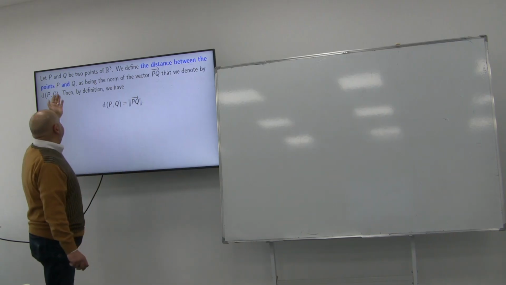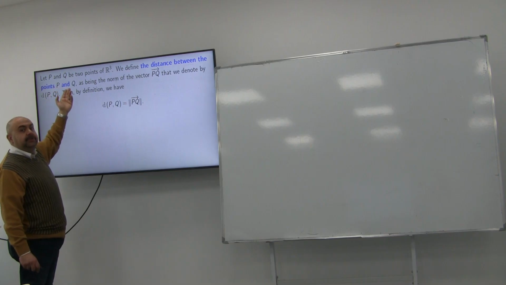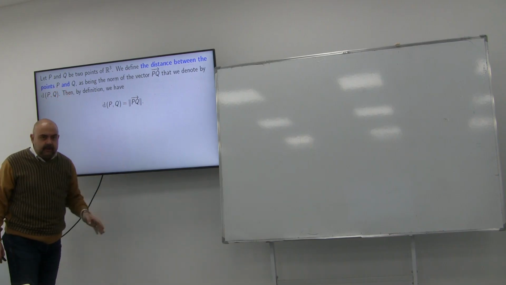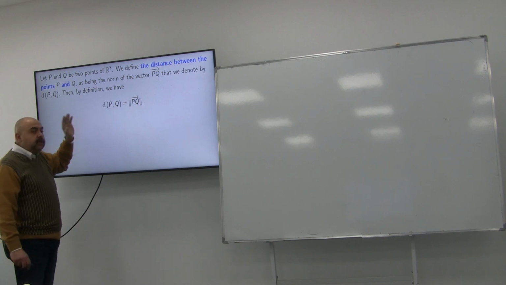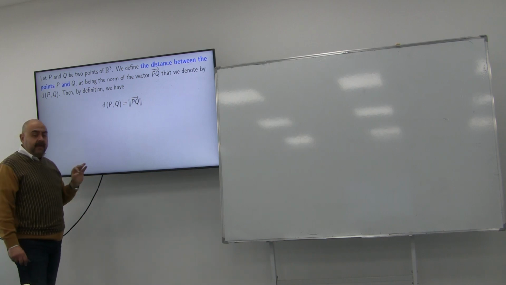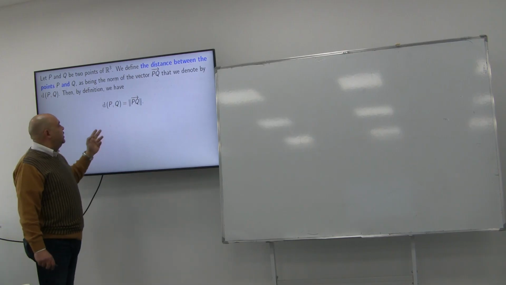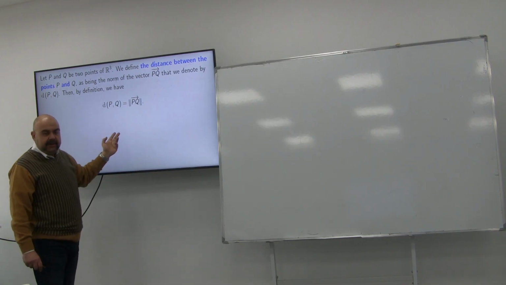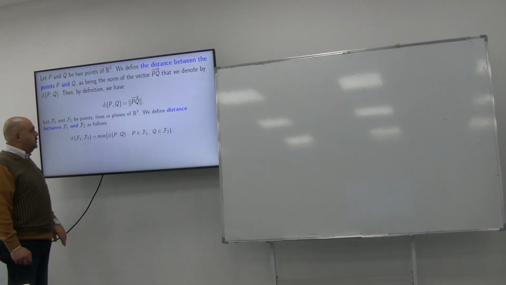So if I have these 2 points, P and Q, (x1, y1, z1) and (x2, y2, z2), just get the difference between the coordinates, x1 minus x2, y1 minus y2, z1 minus z2, then take the square root of the squares of these coordinates, the magnitude of this vector, which is going to be the distance.